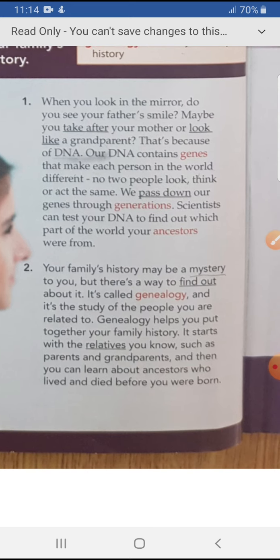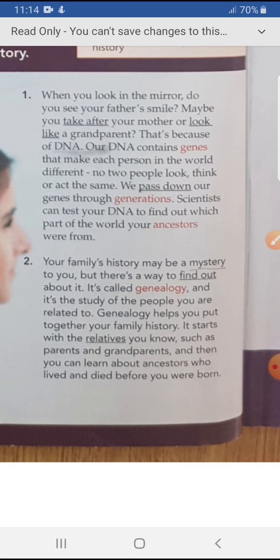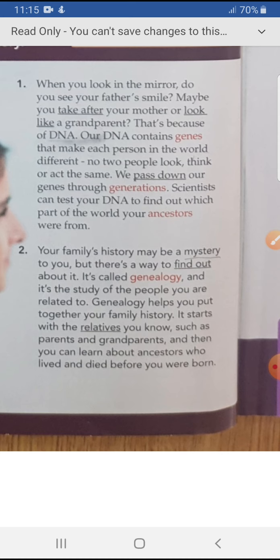It's called genealogy, and it's the study of the people you are related to. Genealogy helps you put together your family history. It starts with relatives you know, such as parents and grandparents, and then you can learn about ancestors who lived and died before you were born.